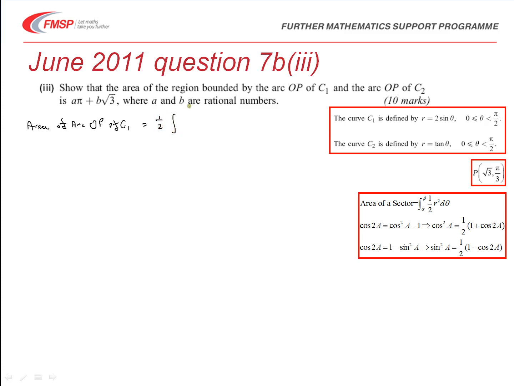Well, r is 2 sine theta, so when you square that, that becomes 4 sine squared theta d theta. Now the limits of this curve are going to be between the 2 points at which they intersect. It's not between 0 and pi by 2. It's going to be between 0, because that's where it intersects, and pi by 3.